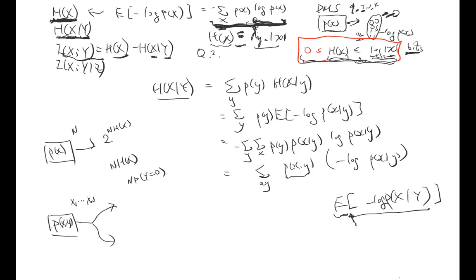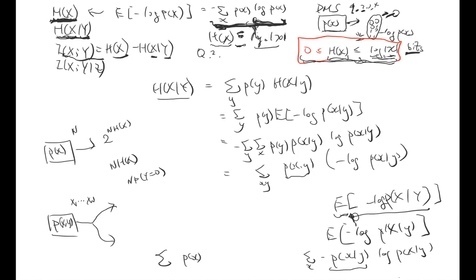For example, for this one, if I have p(x given y) log, expectation, when I write like this, it's not completely clear whether I am taking expectation over the conditional distribution, summing over x of p(x given y) log p(x given y), or I'm expecting over the marginal distribution, p(x) log p(x given y). In this case we really want this one, but when we write like this, you need to be very careful which one we mean.